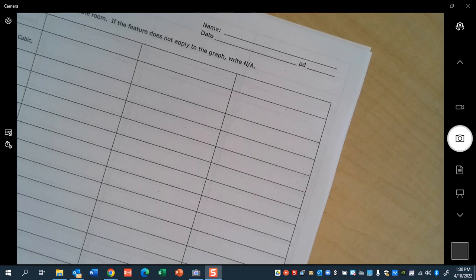So your task today is to work as a group, going through and talking about each of these graphs, identifying their features. There are 12 graphs and 12 sections. I don't care what order you go in. So if you start somewhere in the middle of the room, that's fine.